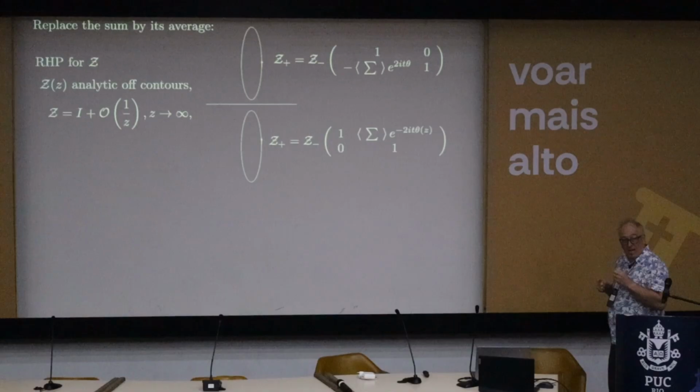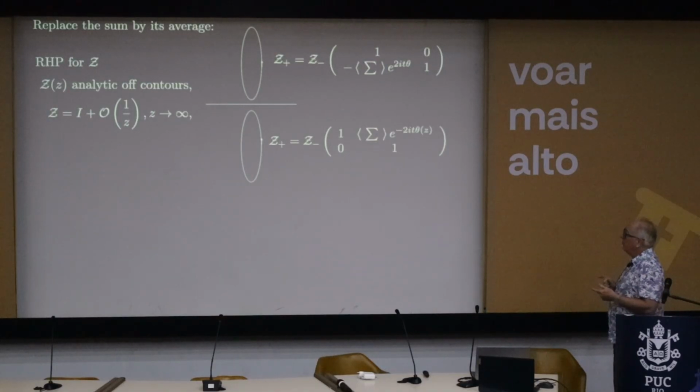If I have a random solution of the partial differential equation and I take the average, what I get after averaging no longer solves the PDE. However, what I'm doing is different here. We're averaging the Riemann-Hilbert problem. So this new Riemann-Hilbert problem, if I know it has a solution, I've got a new kind of regularized solution of the PDE.